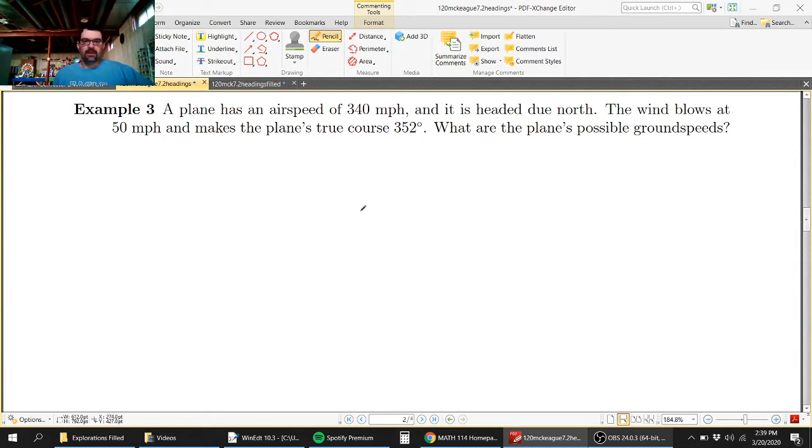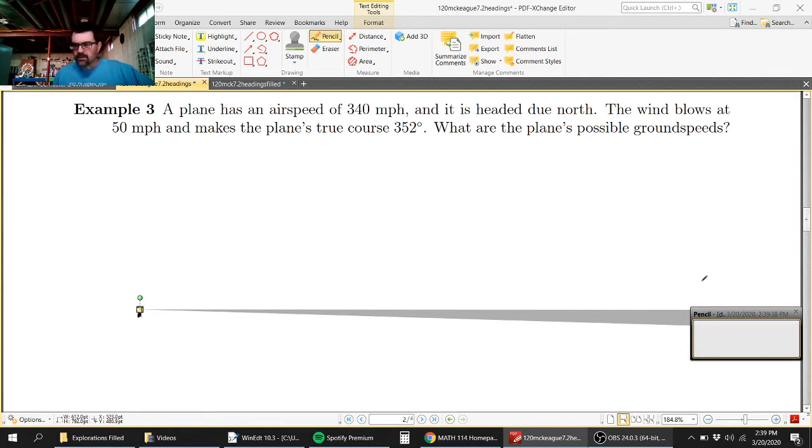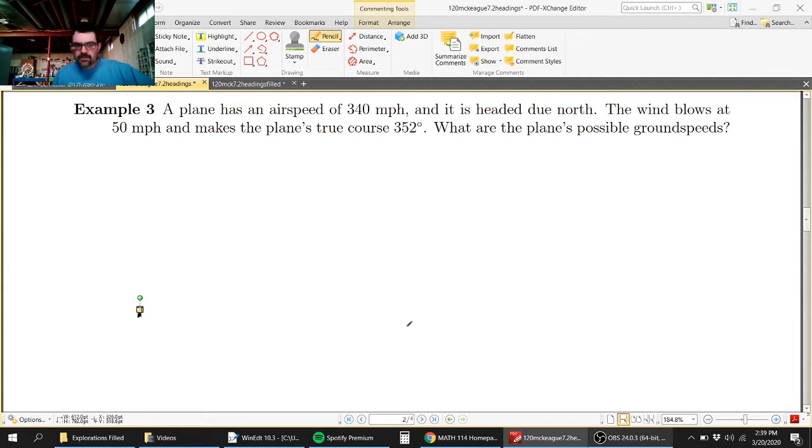All right, airspeed of 340 and headed due north. So here's our plane, and I don't know how I did that. And here it is pointing straight north, so 340 miles an hour. The wind blows at 50 miles an hour.